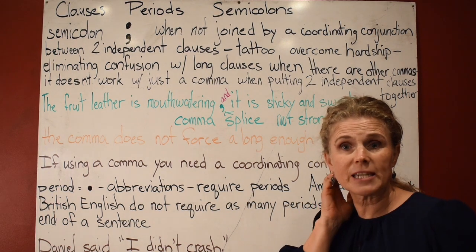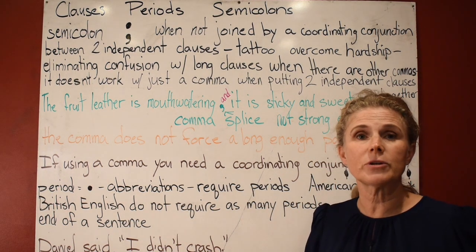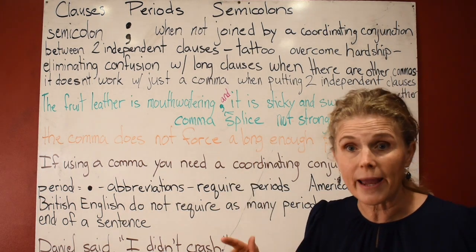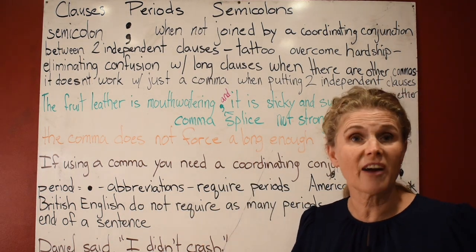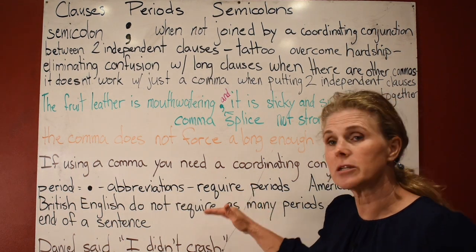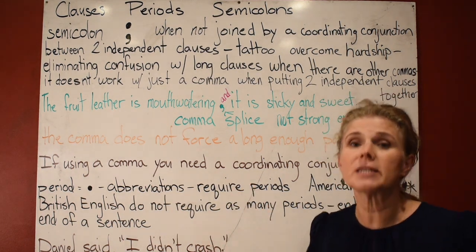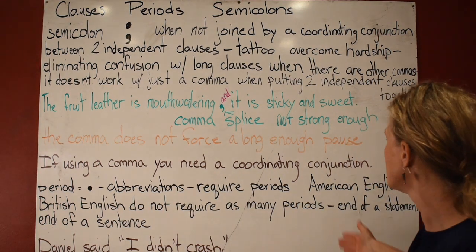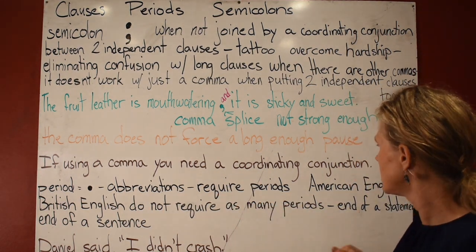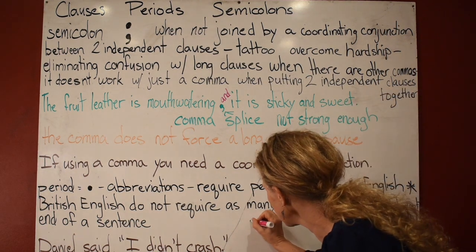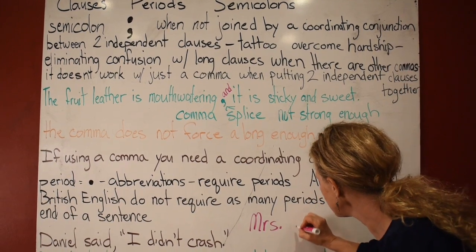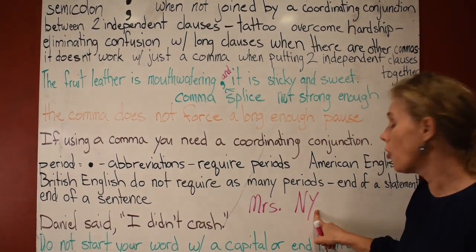Okay? So like your states, in the United States, if we say New York, you would do NY. Those do not have periods. You don't use periods for that kind of abbreviation. But like Mr. and Mrs. and Doctor, you would use a period. They require periods. Do you want to write that on the board? Oh, like Mrs. right here. Period. But let's say we have New York. No period.